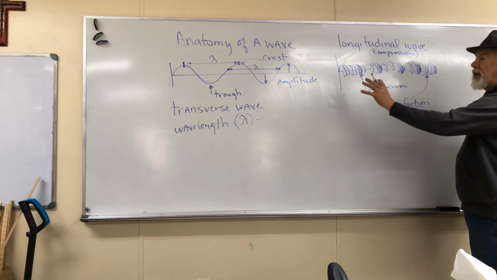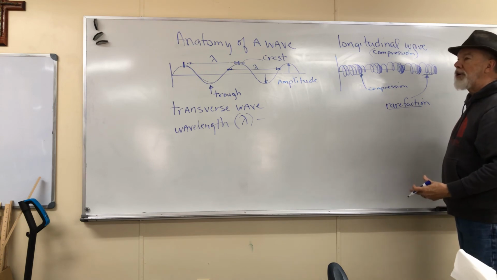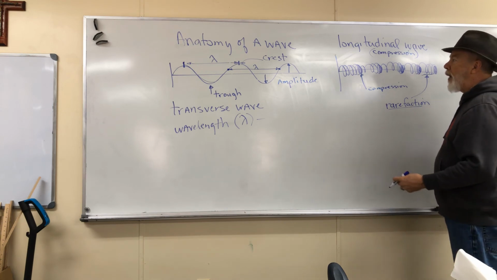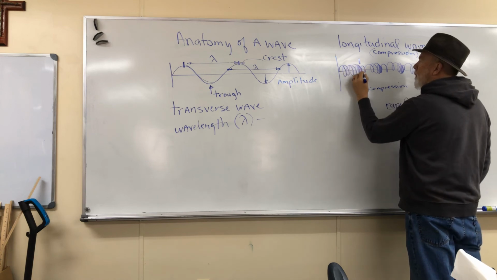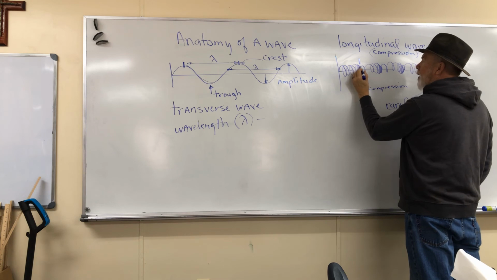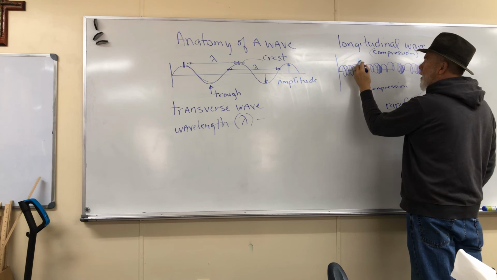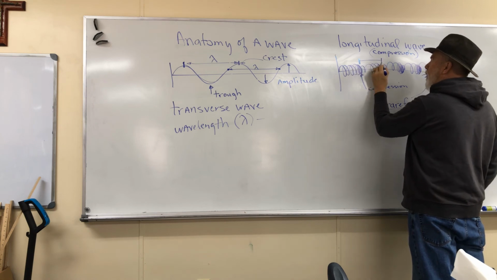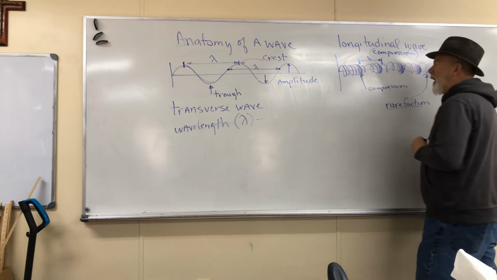Now, like over there, any point on the wave to where it reoccurs is considered to be a wavelength. So if I start at the very beginning of that rarefaction, or you could say at the very end of the compression, and I come over here to where that point reoccurs, then that's the wavelength.